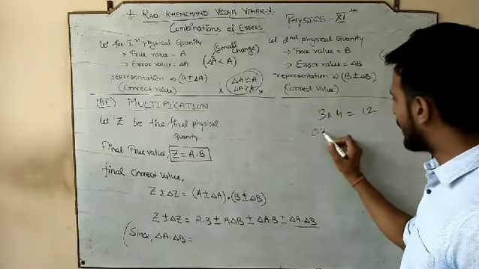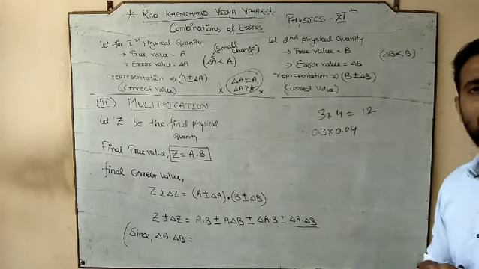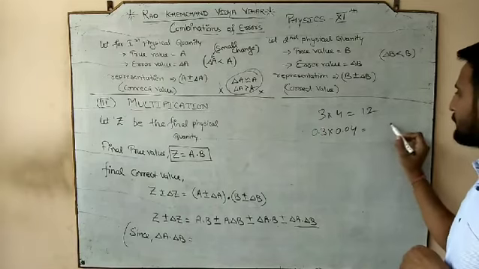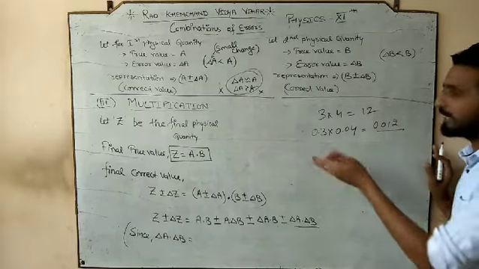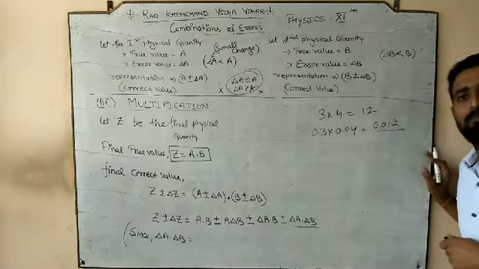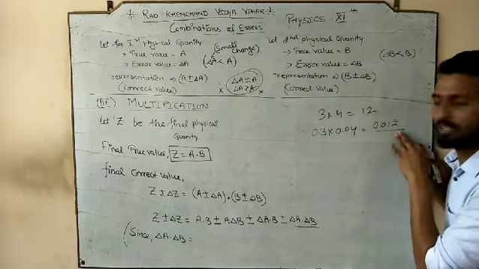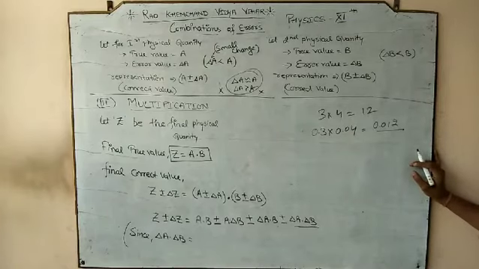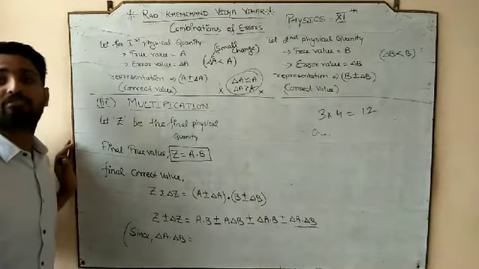But when you multiply 0.3 into 0.04, both values are very small, and when we multiply two small numbers, it would be 0.012. It becomes very small in comparison to both of them. Means when we multiply two small numbers, the final value is always less than the individual values. So whenever we multiply two small numbers, the value becomes even smaller. So it means the product of delta A and delta B is very small.